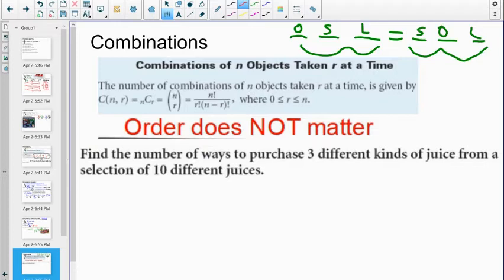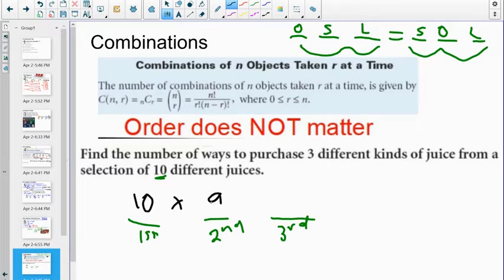Okay, so now that we know order doesn't matter, we can draw our little slots. We have 3 different juices being selected, and we have 10 juices to pick from. So first, second, third. Remember, going back to permutations, we have 10 to start out with, 1 less is 9, and then 1 less than that is 8. And that's 720.